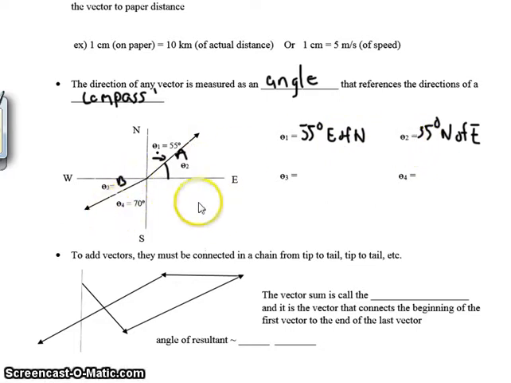So think to yourself right now, then, what would be theta 4 given that that's 70 degrees? Let's go to theta 4 here. We know that's 70 degrees. So what would be our reference to the compass? So take a few seconds and determine what you think that would be.